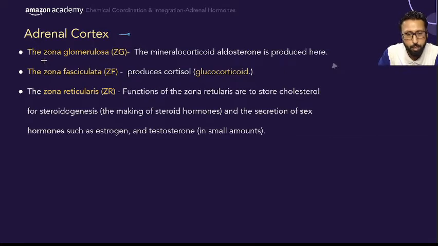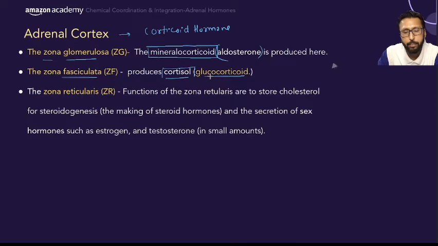Okay, so let's see about corticoids. We have 3 layers. Zona glomerulosa, the outermost layer, produces mineralocorticoids. For example, aldosterone is the most common mineralocorticoid. Then we have zona fasciculata, the middle layer, which produces glucocorticoids. The most common is cortisol.